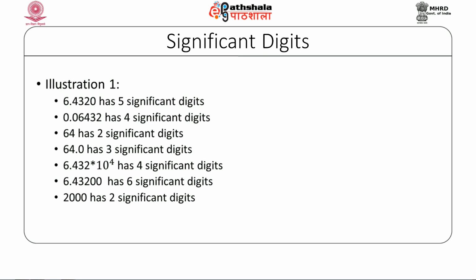In 0.0643, both the occurrences of 0 are non-significant, only 6, 4, 3 are the significant digits. 64 has 2 significant digits, 64.0 has 3 significant digits, 6.432 into 10 raised to 4 has 4 significant digits, and 6.43200 has all 6 digits significant. As for 2000, it depends upon where it occurs and what it stands for. Right now I am saying it has one significant digit, namely 2.